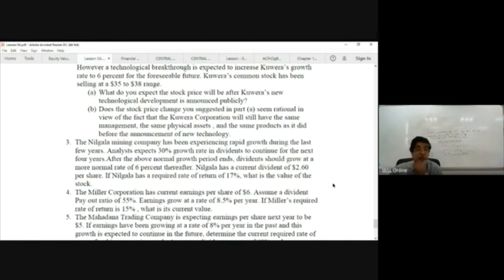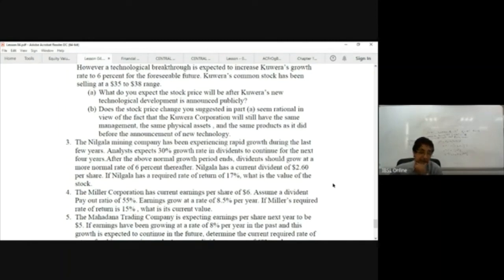So first, what would be the first cash flow? 260 into 1.30 divided by 1.17. That is the first year's dividend cash flow, and it is taken to present value. The second year, it would be 260 into 1.30 to the power 2 divided by 1.17 to the power 2.